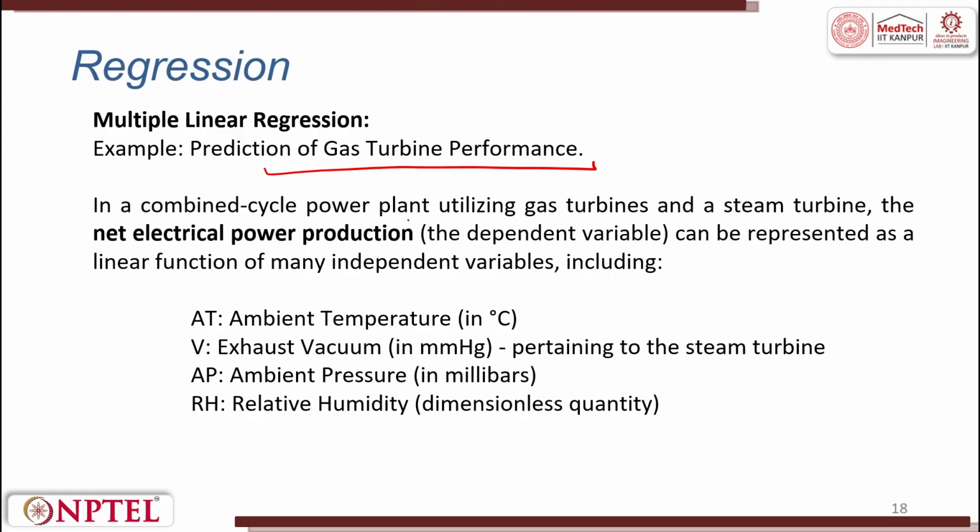In a combined cycle power plant, also known as CCPP, utilizing gas turbines and a steam turbine, both of them together, the net electrical power production, that is the dependent variable, can be presented as a linear function of many independent variables, including the ambient temperature, AT in degree centigrade, exhaust vacuum in millimeter of mercury, that is pertaining to the steam turbine, ambient pressure in millibars, relative humidity, that is a dimensionless quantity.